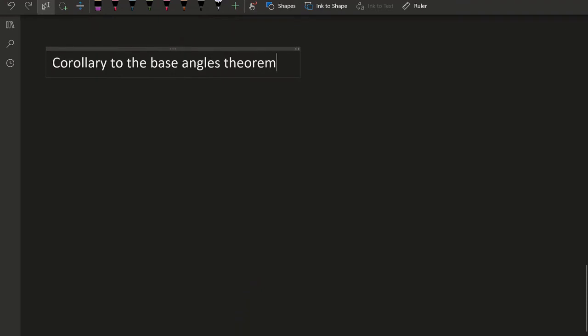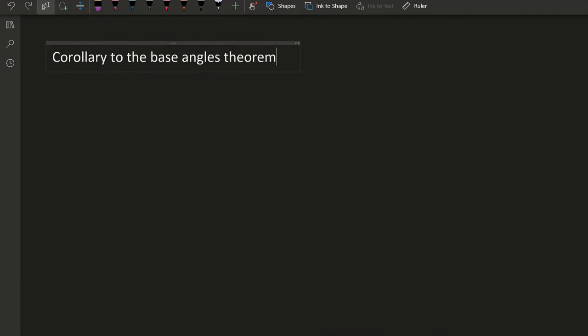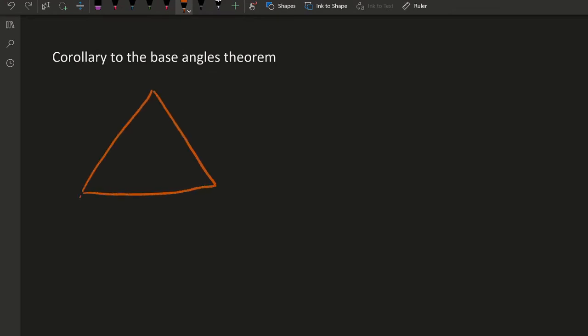The base angles theorem has a corollary to it. And corollary is kind of a spin-off. And so what we're going to do here is we're going to have an equilateral triangle. So I'm going to have triangle ABC, but in this case, I'm going to say that all three sides are congruent.